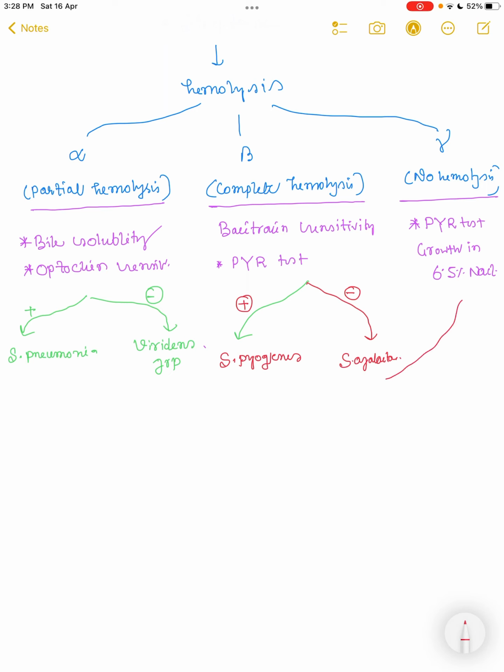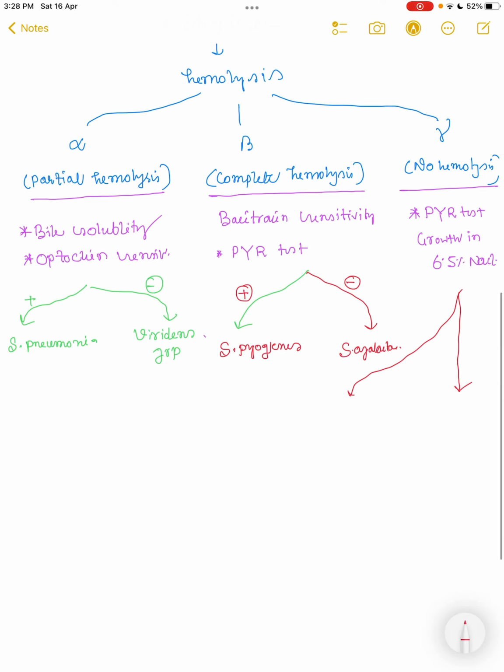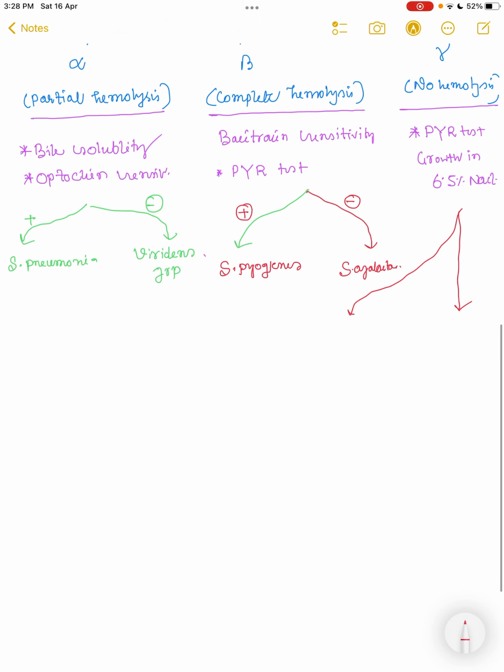Growth in 6.5% NaCl, you have to remember, if it is positive, then it is Enterococcus, and if it is negative, then it is Streptococcus bovis.